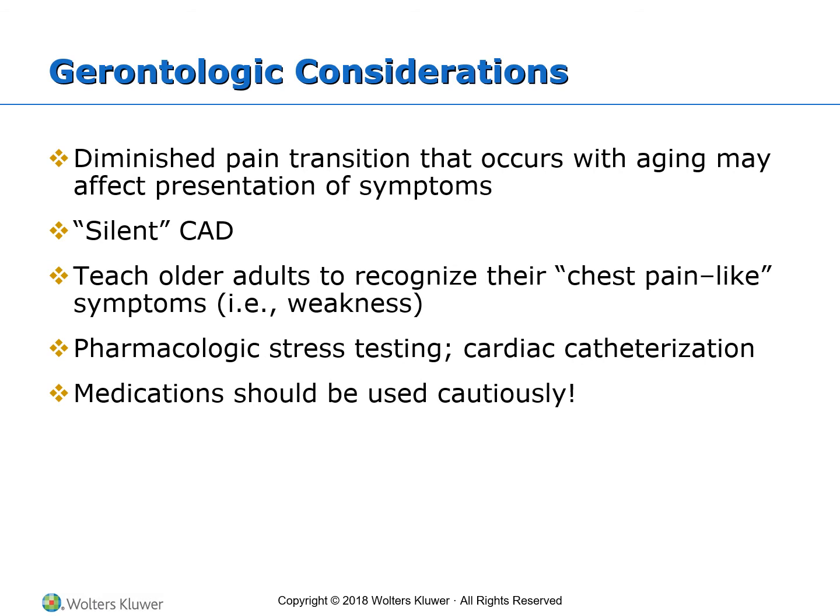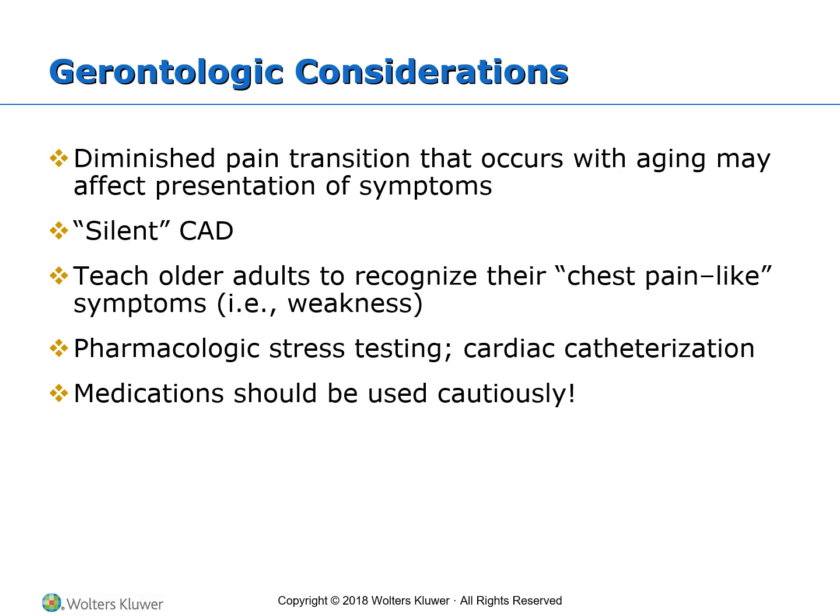Gerontological considerations, if you remember back to the beginning of the semester, patients who are in the older adult population do not have the same signs and symptoms. They have more vague symptoms. They also can have silent coronary artery disease or silent ischemic events.